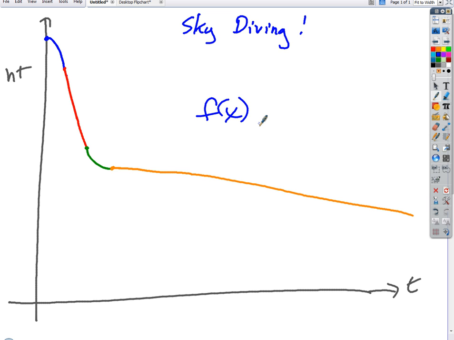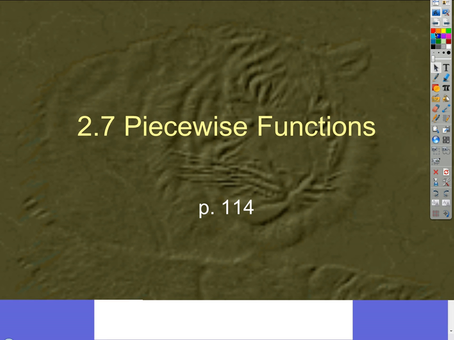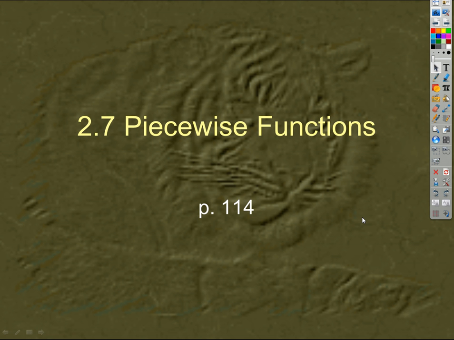We need something different than what we've dealt with so far, because there isn't a single equation I could create that accommodates all these different behaviors. What we need is to have maybe 4 different equations contained within the same function. And that's what we call a piecewise function. And that's what we're going to talk about today. Okay, so piecewise functions.